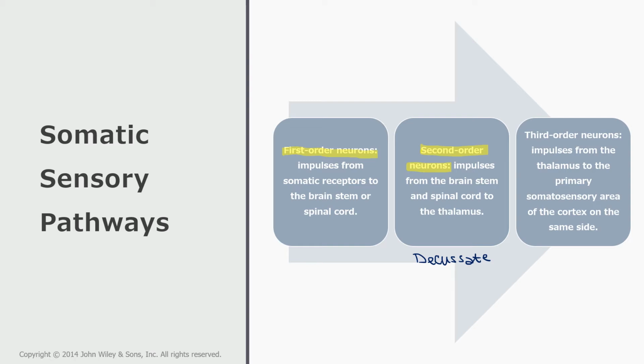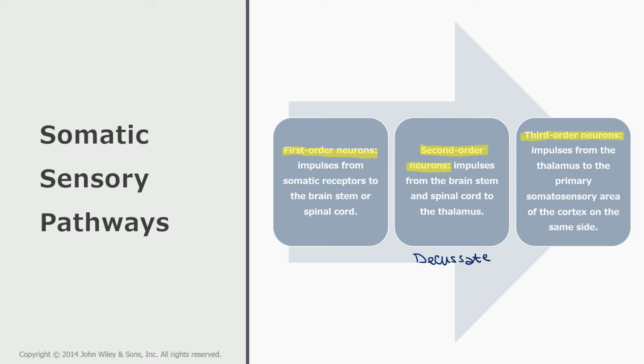So the second order neuron axons decussate in the brainstem or in the spinal cord, and that is before they ascend to the ventral posterior nucleus of the thalamus. All somatic sensory information from one side of the body reaches the thalamus on the opposite side.